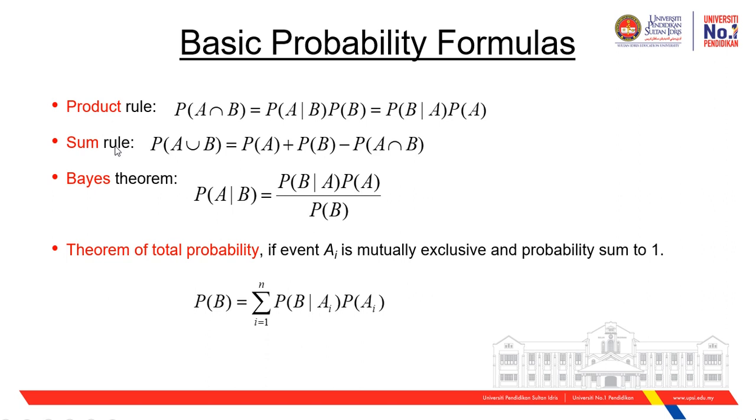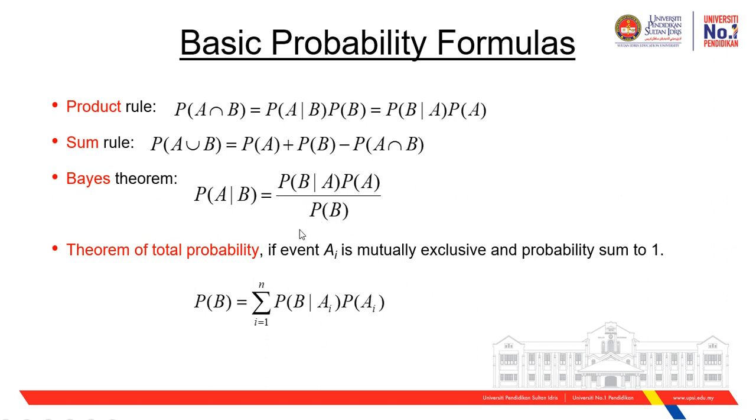Then we have the sum rule or addition rule, P(A∪B) or P(A or B) equal to P(A) plus P(B) minus P(A∩B). And then Bayes theorem, P(A|B) equal to P(B|A) times P(A) divided by P(B). When we have this Bayes theorem, see the denominator here. Here we need to use the theorem of total probability.